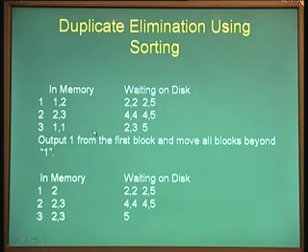We now start by taking just the first block of each block set into memory, and then considering just the first tuple in the first such block that was read. Now the first tuple reads as 1. When I read 1 here, all I have to do to eliminate duplicates is to eliminate 1 from all other block sets.